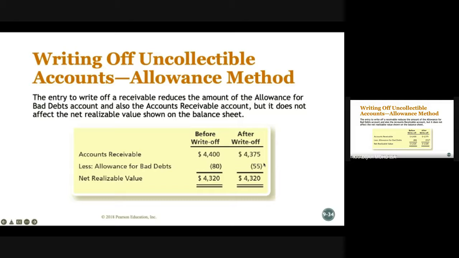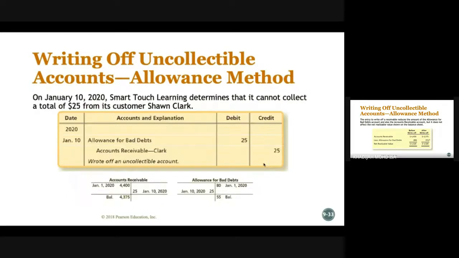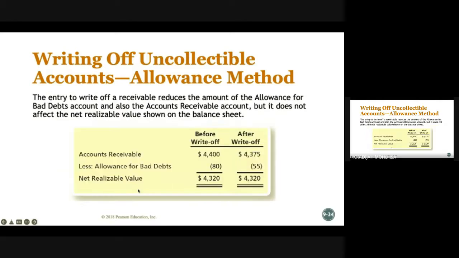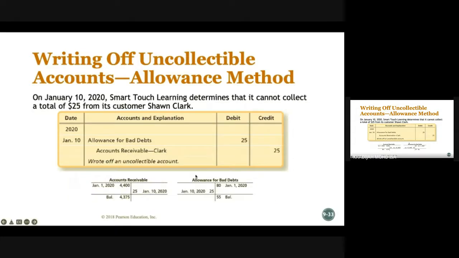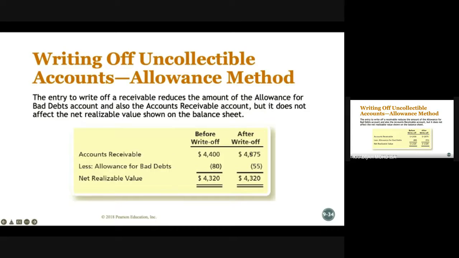But where do you get that 4,375? Accounts receivable, because you debited 25 here, so your accounts receivable has a balance of 4,375. So that's why you start with 4,375 and then you minus your allowance for bad debt.